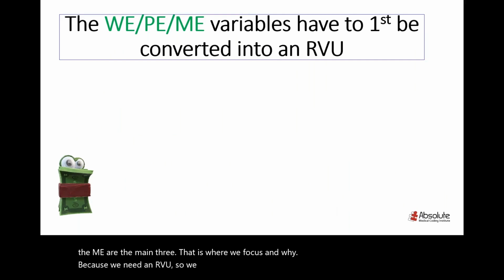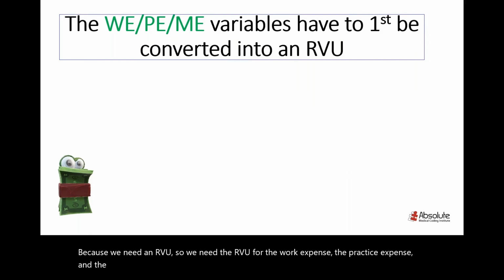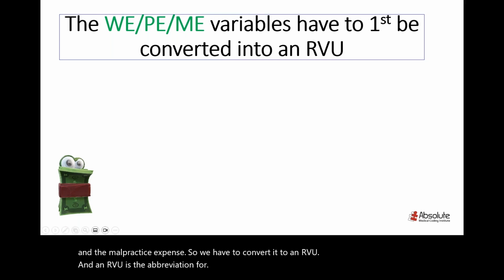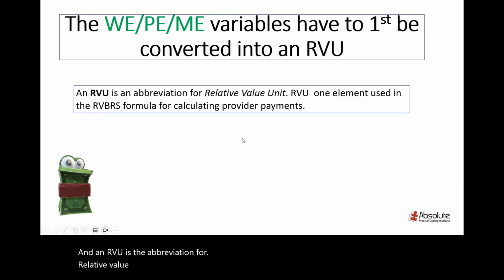So we need the RVU for the work expense, the practice expense, and the malpractice expense. So we have to convert it to an RVU. And an RVU is the abbreviation for relative value unit.